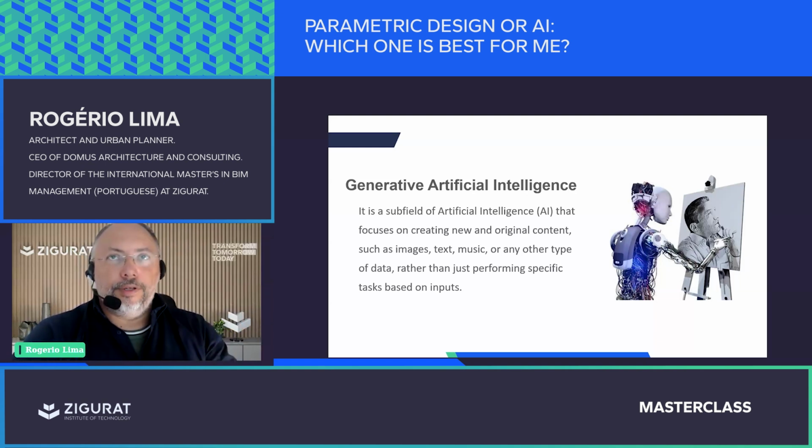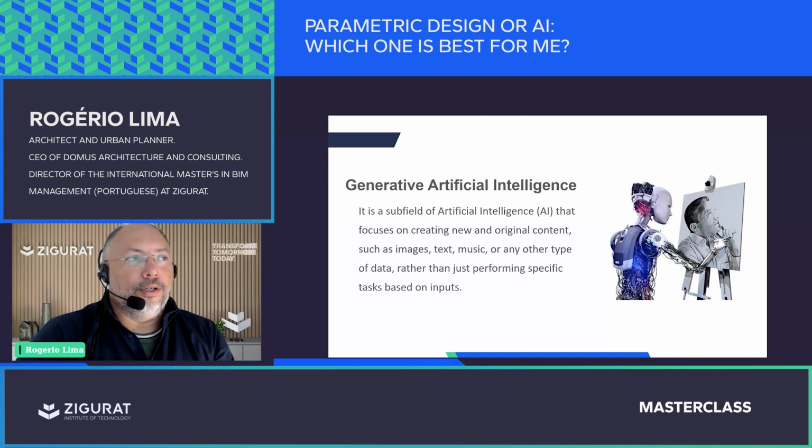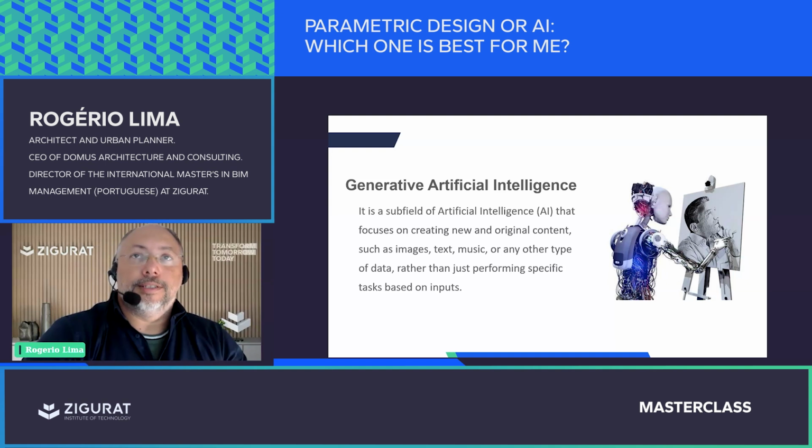It's a kind of AI, okay? It's a subfield of AI that focuses on creating new and original content, such as images, videos, texts, and so on, rather than just performing a specific task based on input. Of course, you must train this kind of AI to create something.